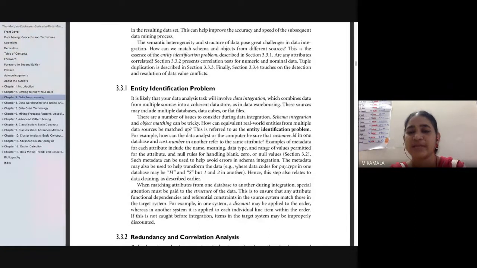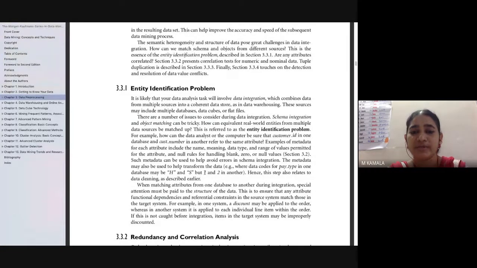Some entity identification problems involve labels and others involve numbers. You can map these labels to numbers or vice versa. So for entity identification, you need much documentation reading before you integrate different databases, and I hope you understand.